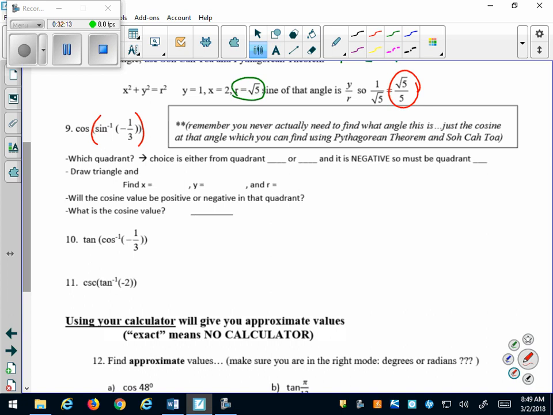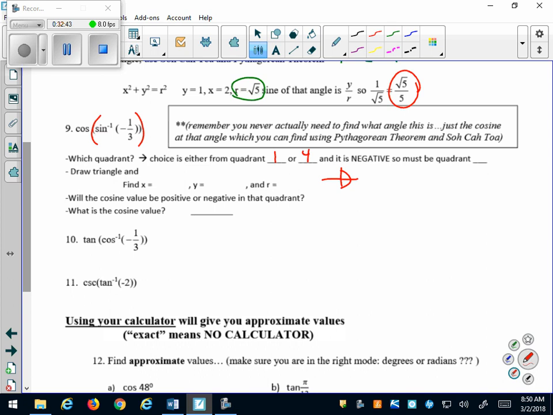So first question is going to be what quadrant? Now, it's inverse sine, so we've got two choices: quadrant 1 or quadrant 4, because inverse sine is either 1 or 4. It's negative, and it's sine.